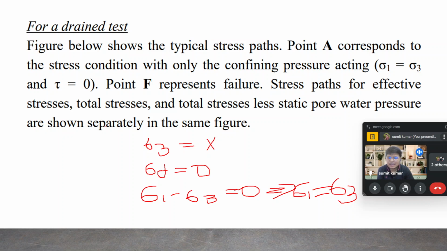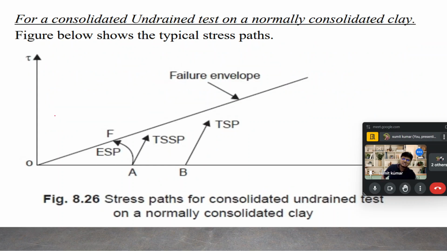Yes. And tau equal to 0. So the point F represents the failure, and the stress paths for the effective stress, total stress and the total stress less static pore water pressure are shown when we see this image.